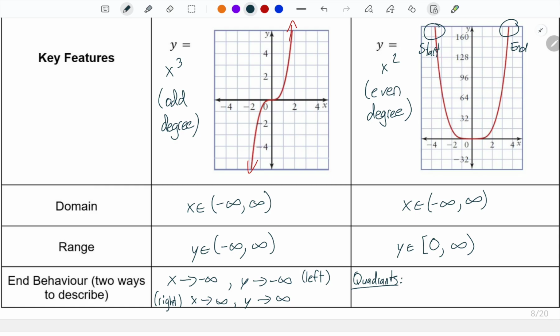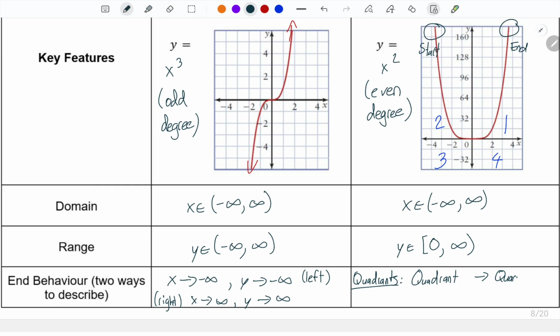And in this case, we're in the top left quadrant. Let's just remind ourselves of the quadrant numbers. Start in the top right and go in a circle counterclockwise: 1, 2, 3, 4. So in this case, we would say the quadrant behavior, or the end behavior using quadrants, is from quadrant 2 towards quadrant 1.